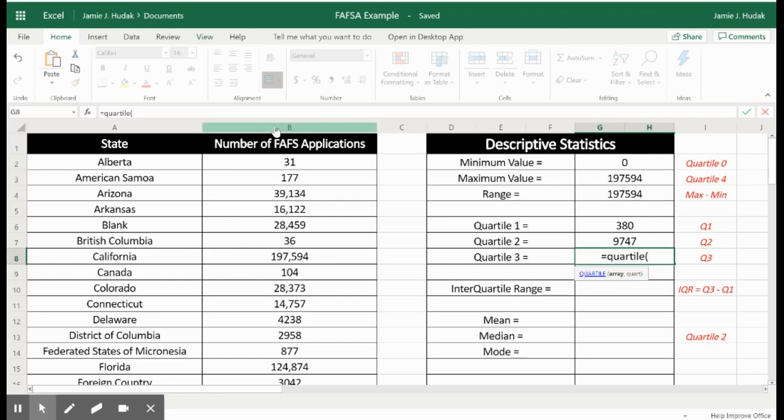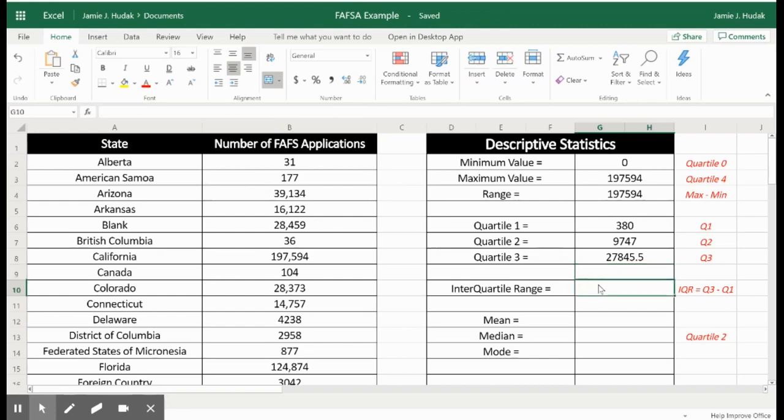Let's do quartile 3. We get 27,845.5. And interquartile range is Q3 minus Q1. This is used if you're developing box and whisker plots.